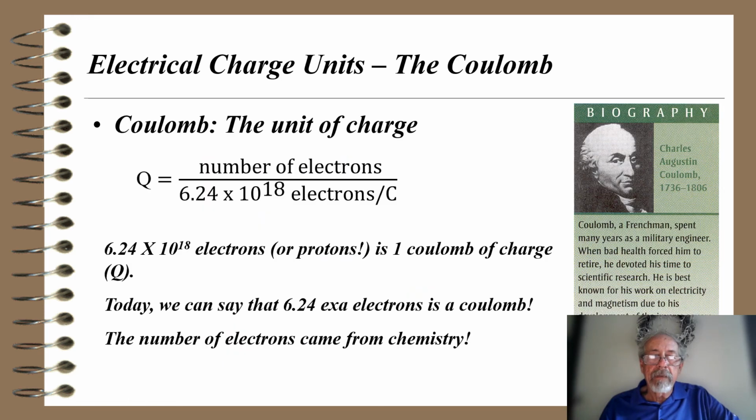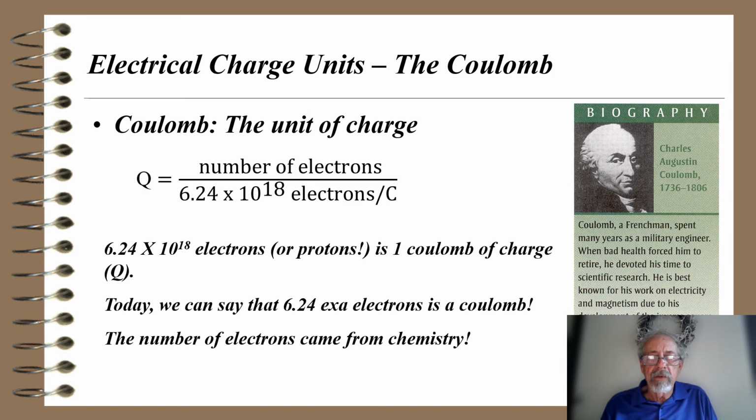So let's move on. A long time ago, you can see this guy Charles Augustin Coulomb, who lived from 1736 to 1806. He was a Frenchman, a military engineer. He devoted his time to scientific research when he retired, best known for his work on electricity and magnetism, and he is honored today by the electrical charge unit, the Coulomb.